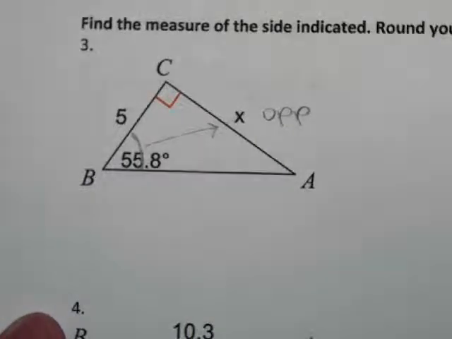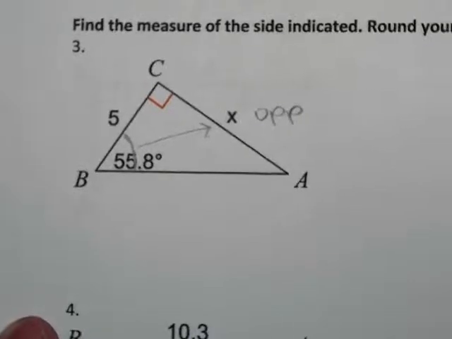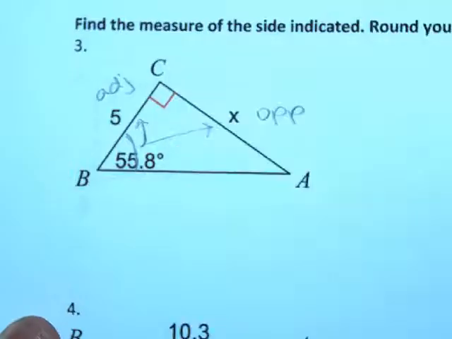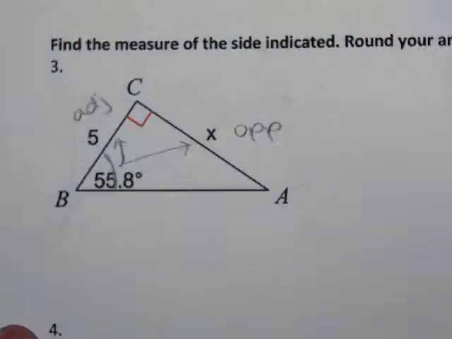And then what is the 5 called in relationship to the angle? Adjacent. And which trig ratio uses opposite and adjacent? Tan, TOA. TOA uses opposite and adjacent.